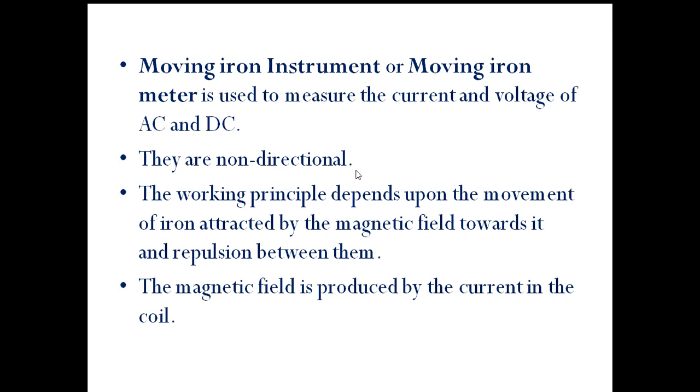Whenever we send current through the coil, the magnetic field is produced, and that magnetic field will attract the iron piece. Then it will induce a force. Because of that, the instrument will work.